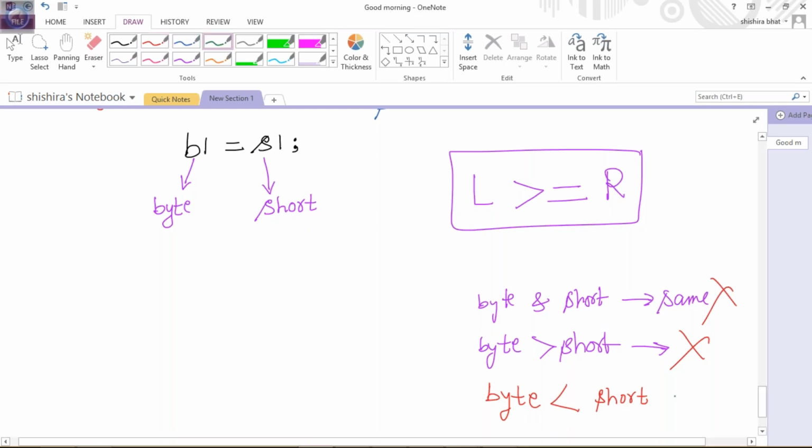Byte is smaller than short. This is the reality. Byte is smaller than short, but as per the rules, left side should be greater than or equal to right side. Hence, this is a compilation error.